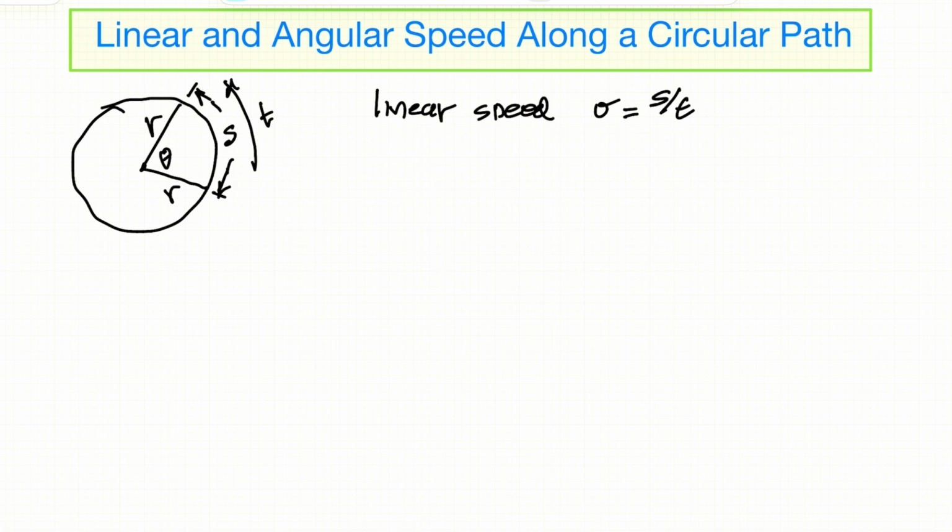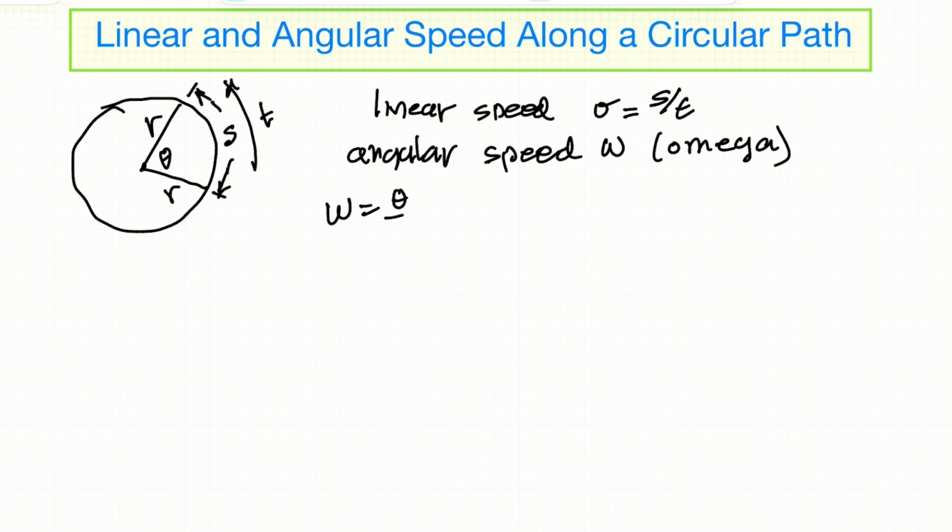But now let's look at the angular speed. This is going to be the amount of angle that is changing per unit time, and we're going to define that as omega. The Greek letter omega is typically associated with the angular speed. So we know omega is equal to the angle per unit time.